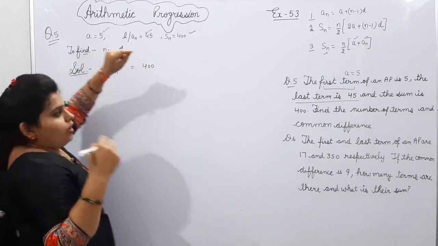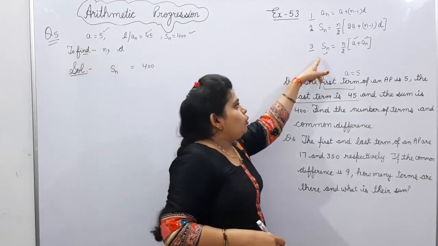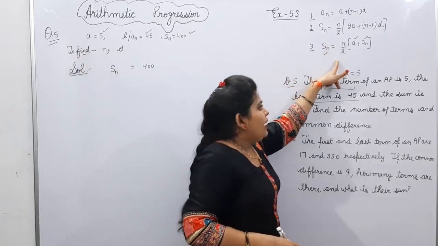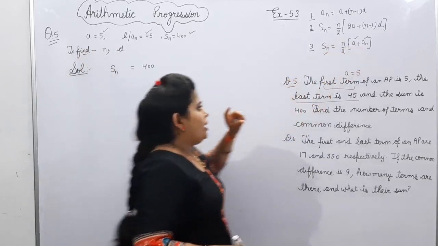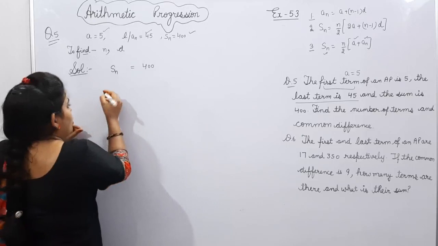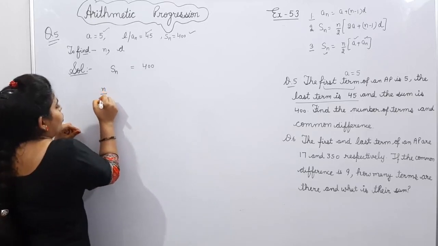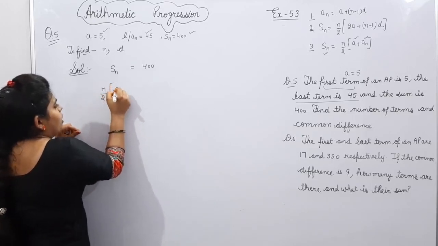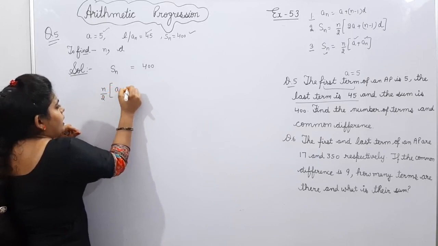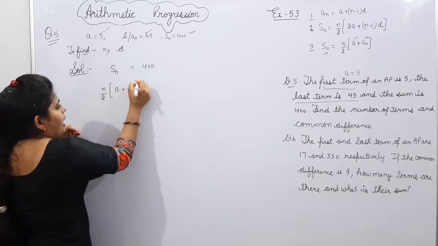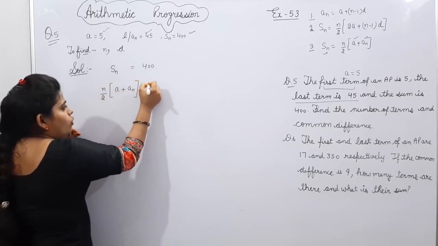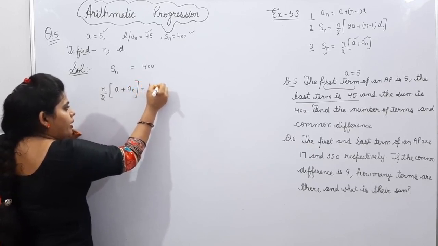Then by formula, Sn is equal to n by 2 into (A plus An), and it is equal to 400.